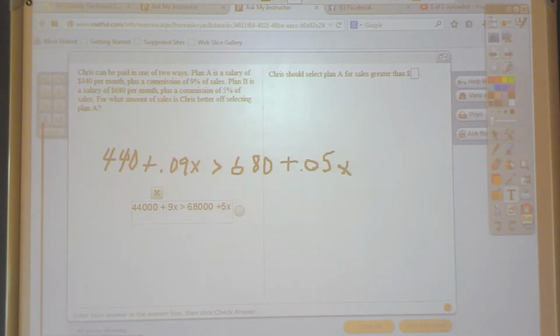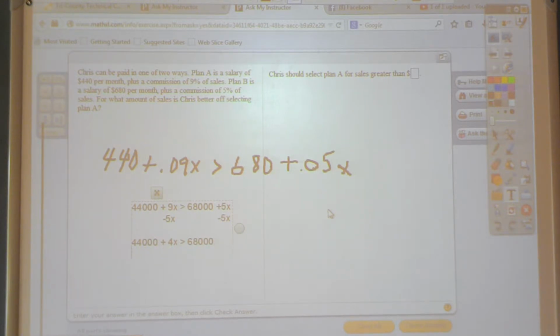And what are we going to do to get the x's out? Well, we'll go over here and have negative 5x. And over here, negative 5x. Greater than 68,000, period.